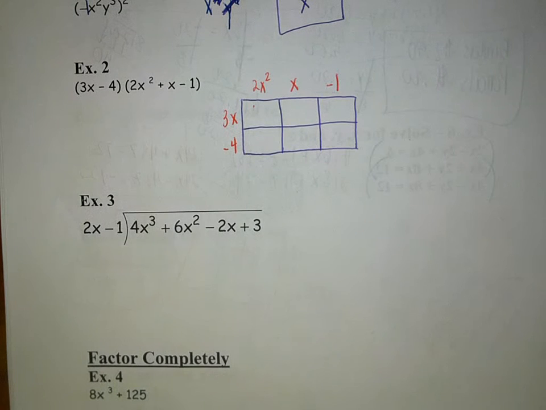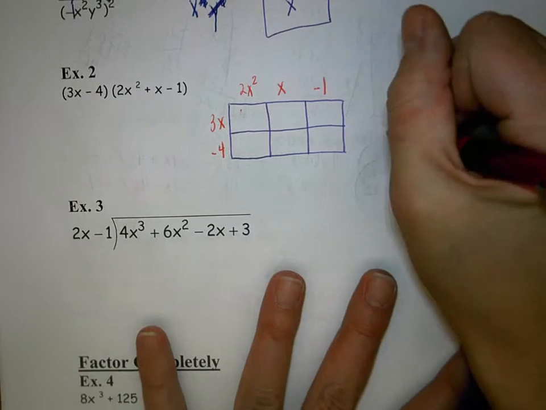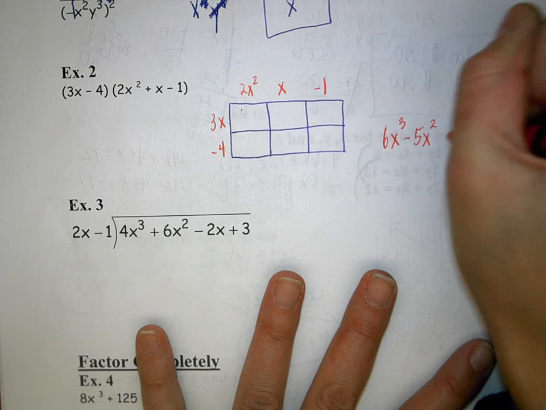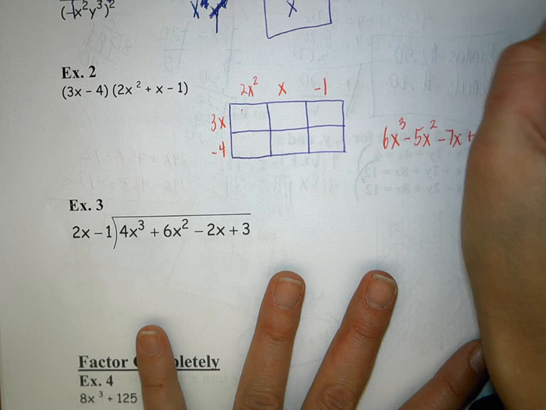Okay. Okay, so the correct answer is 6x to the third power minus 5x squared minus 7x plus 4.